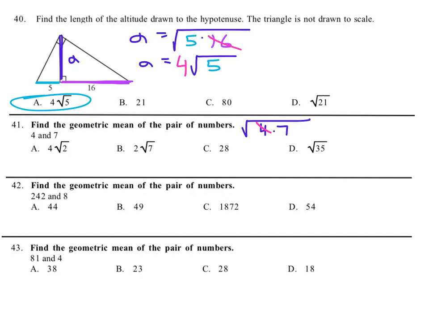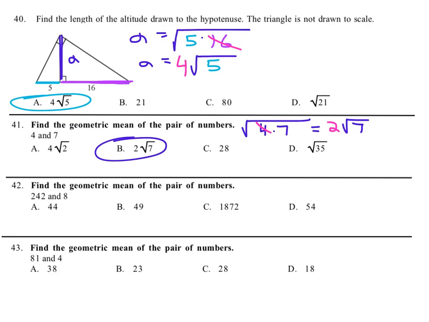There are, and we'll just bring that out as its square root, 2. 7 is not a perfect square, and it also doesn't have a second 7 in there. So we leave it in, 2 root 7, B.